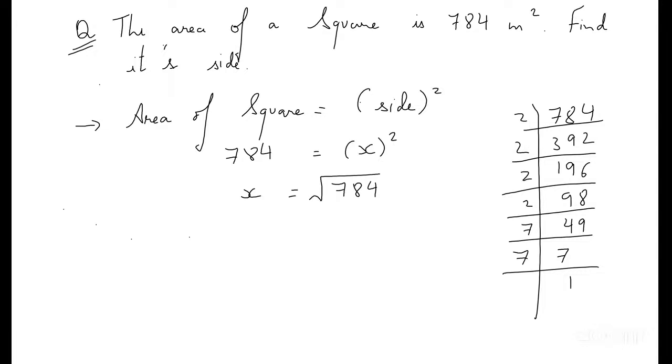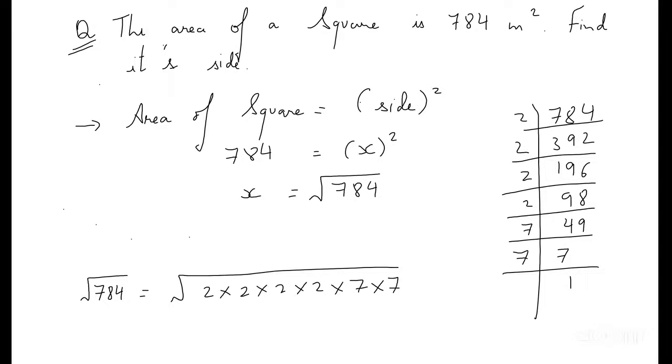Now, take a look here. We have root 784. Factors we have 2 into 2 into 2 into 2 into 7 into 7. We will make pairs and take one out, okay? Make pairs and take one out.